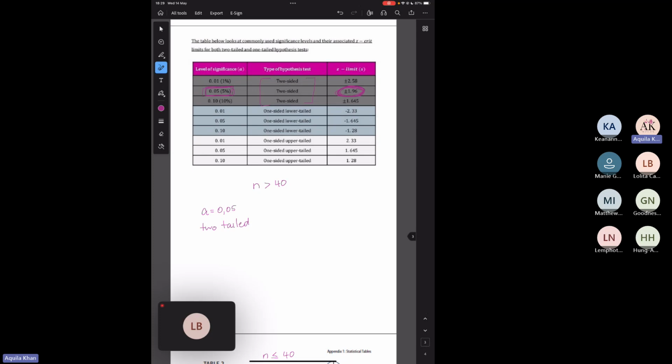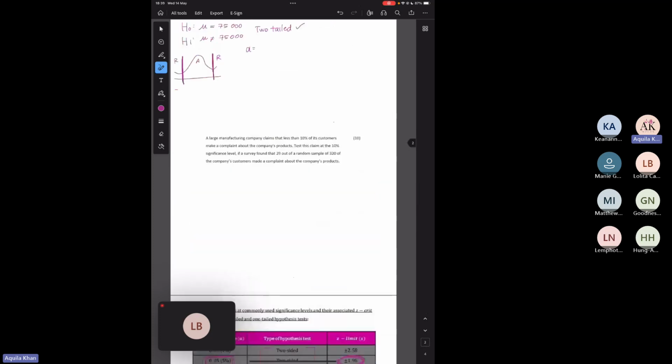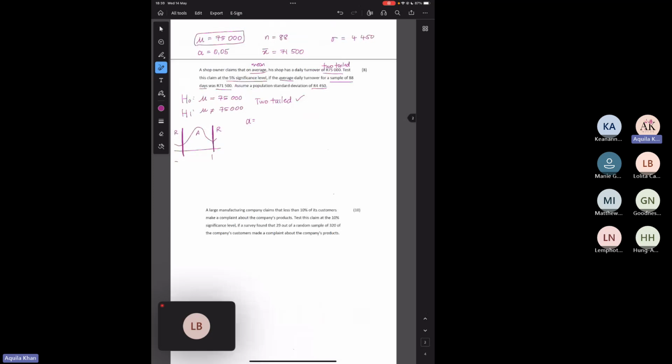So that means when we go to our diagram here, we're going to put in the positive 1.96 on the right and the negative 1.96 on the left. And like that, we now have our diagram for our region of acceptance and rejection.